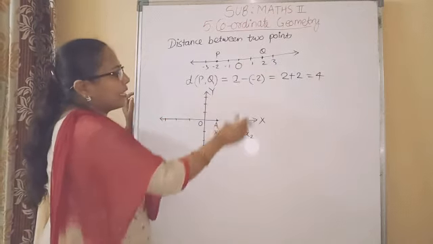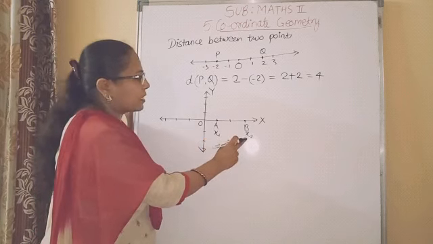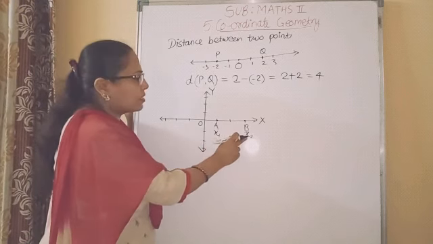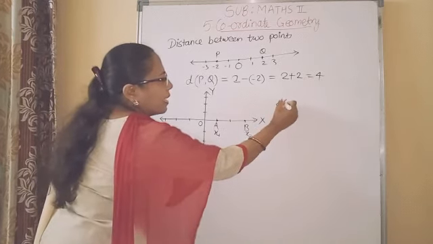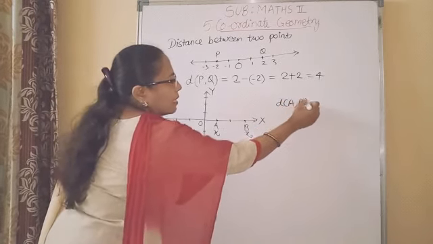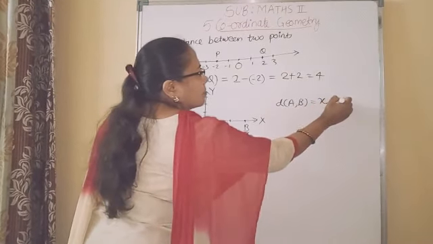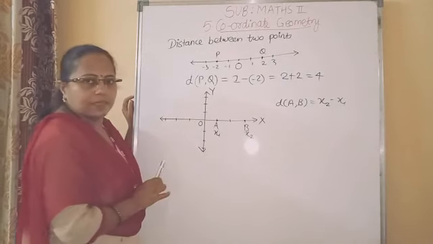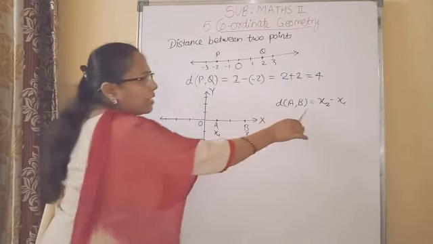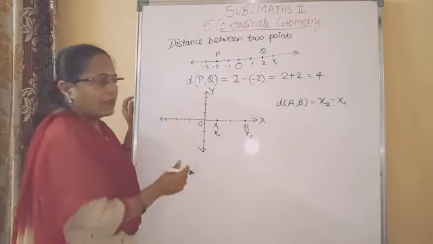According to the formula, greater coordinate minus smaller coordinate. So x2 is greater than x1 because it is on the right hand side. So we can find the distance between A and B as x2 minus x1, if the points lie on the x-axis.